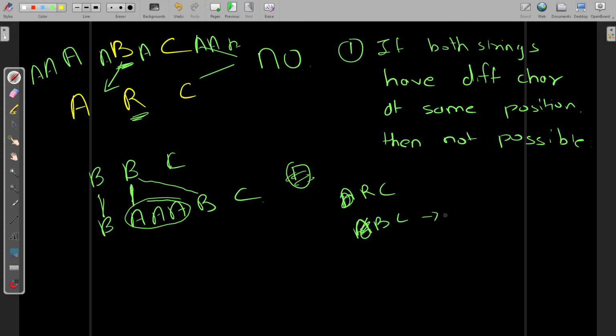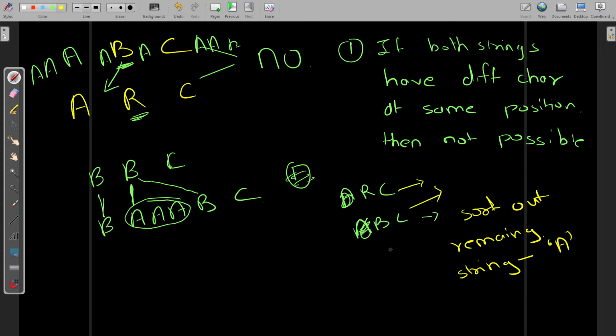So I can perform that operation at the end. First, let's sort out the remaining part of the string. By remaining part, I mean the string without the character A. If we are able to make those equal, like remove A from the first, remove A from the second, and if we are able to make both of those equal, then for the positions of A which are left, it does not matter. We can insert them wherever required and we will have our solution.